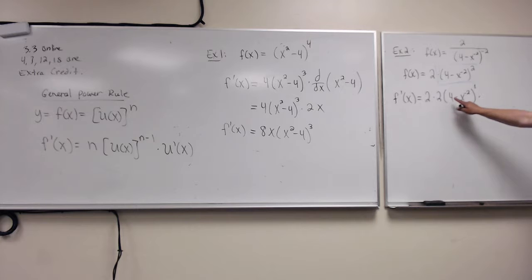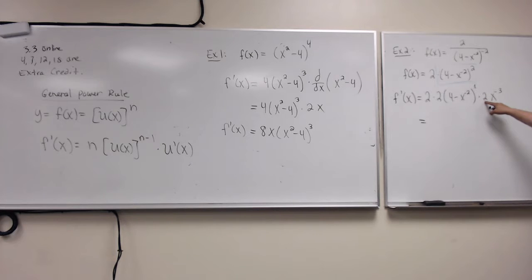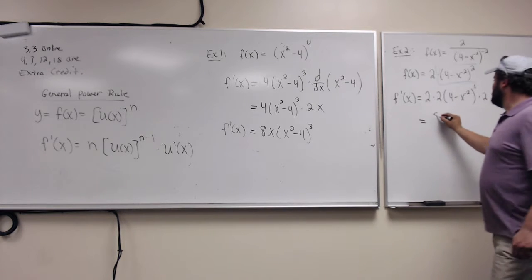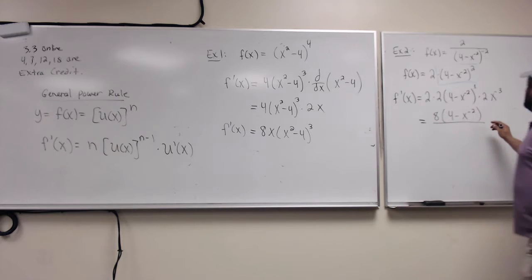And then the derivative of 4 is 0. And then for the second term, the minus 2 can come out front to give us 2x to the next lowest power, negative 3. And then you could simplify this a little bit. 2 times 2 times 2 is 8. And then I can write it as 4 times x to the minus 2.